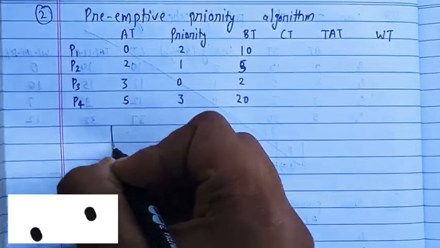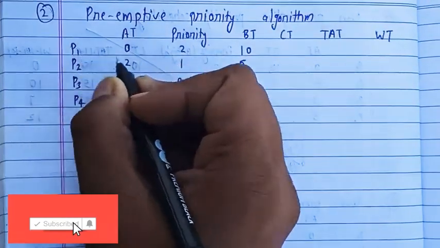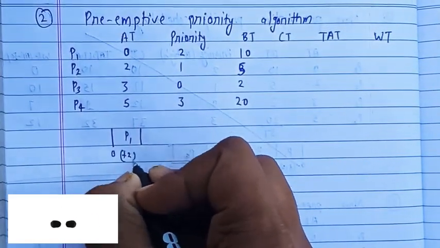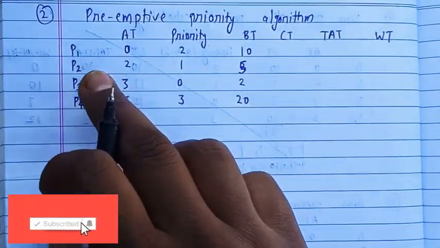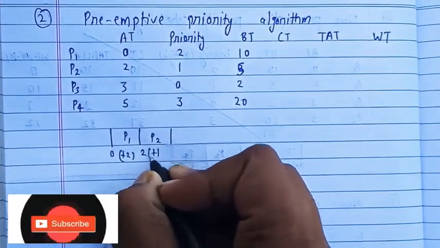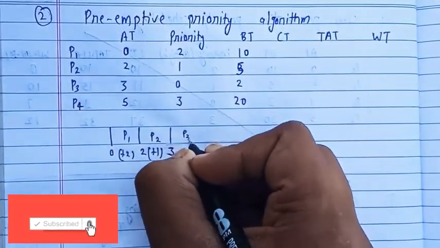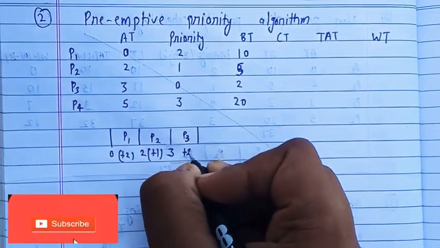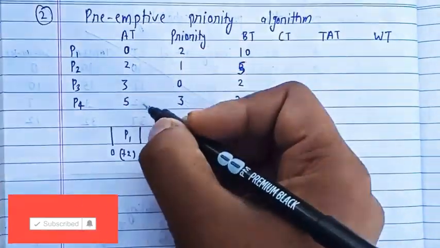According to the arrival time, process P1 arrives at 0, so process P1 is carried out till 2. At 2 the process P2 arrives, and P2 is carried out for 1 unit, till 3, when the process P3 arrives. P3 is carried out for 2 units till 5, so all the arrivals are done.